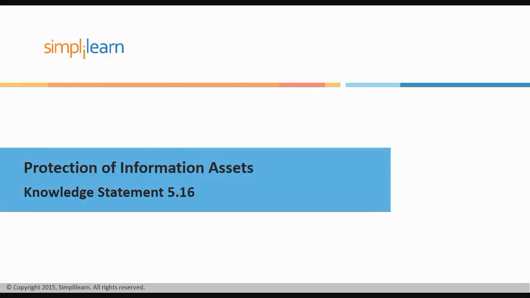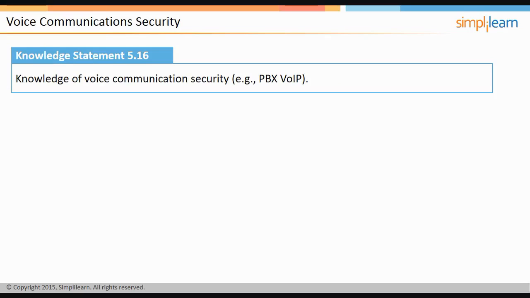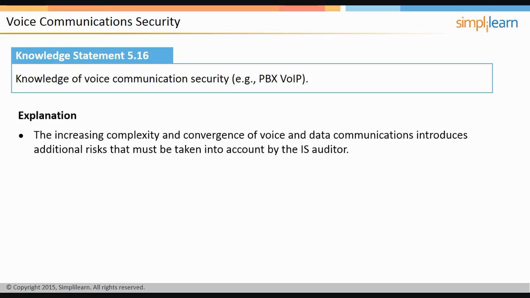In this topic, we will learn about the concepts in Knowledge Statement 5.16. Let us discuss voice communication security in the next screen. It is key to know voice communication security, for example, PBX, VoIP. The increasing complexity and convergence of voice and data communications introduces additional risks that must be taken into account by the IS auditor.